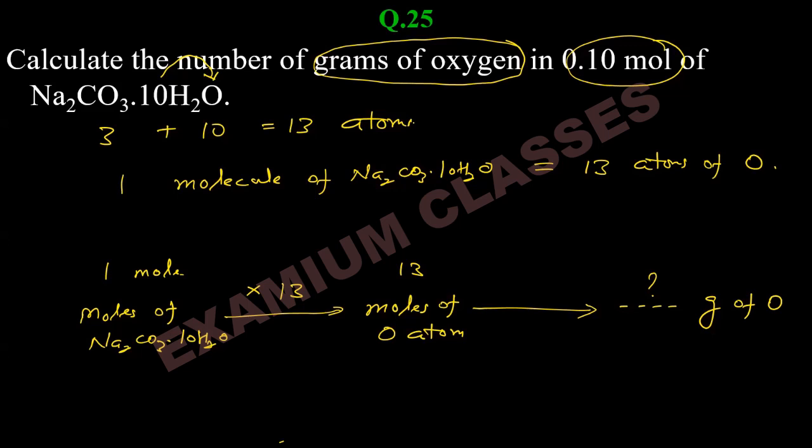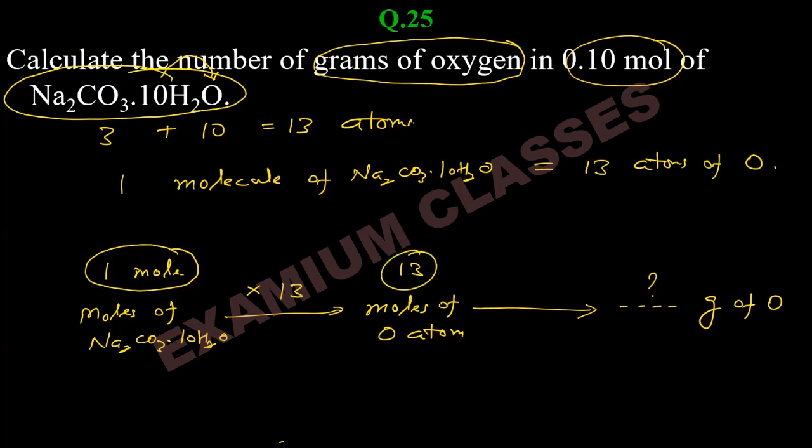You just need to be clear that these moles are of molecules because Na2CO3.10H2O exists as a molecule, but the 13 are atoms, so those moles are in terms of atoms. You don't need to bother about it because the mole ratio will be the same.